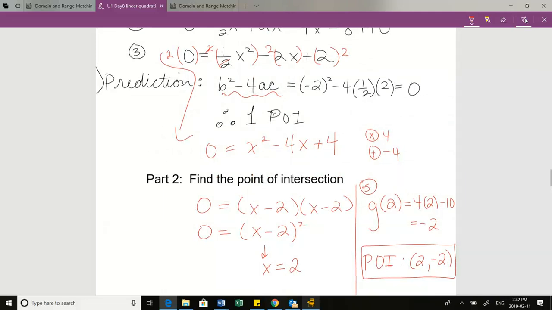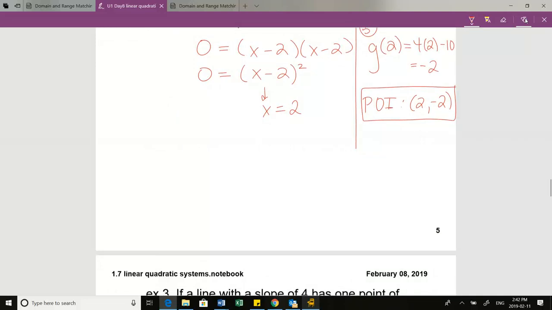So when we had 0 equals half x squared minus 2x plus 2, you're good up to that point? Because we were just simplifying, right? Okay, so the deal is when I have an equation like this, it is actually much harder to solve than a regular quadratic, because it has a fraction in it.